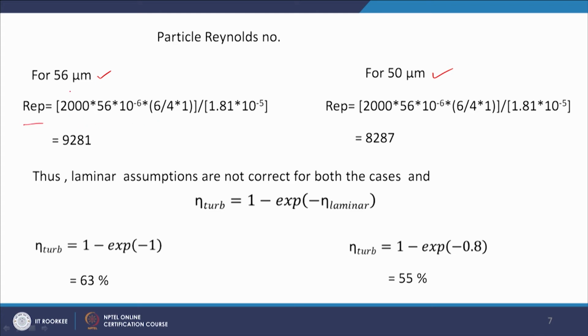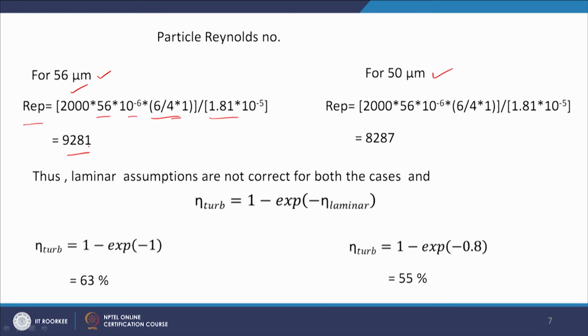Rho is 2000, d is 56 into 10 to the minus 6, and V is the volumetric flow rate divided by the cross sectional area, 6 divided by 4 into 1, divided by mu, 1.81 into 10 to the minus 5. So, we are getting 9281. So, a very high particle Reynolds number. So, this is not in the laminar flow.